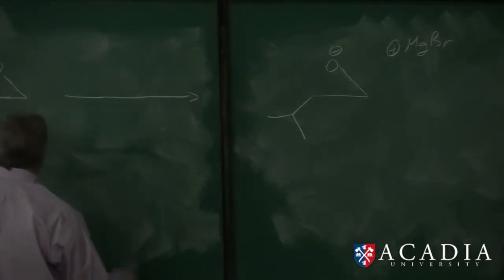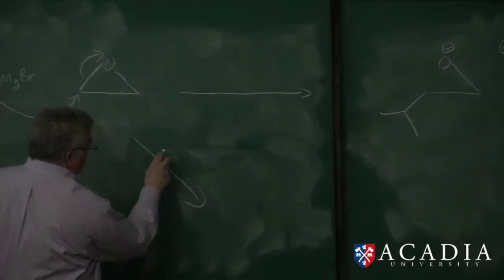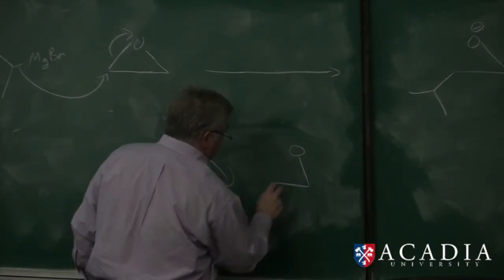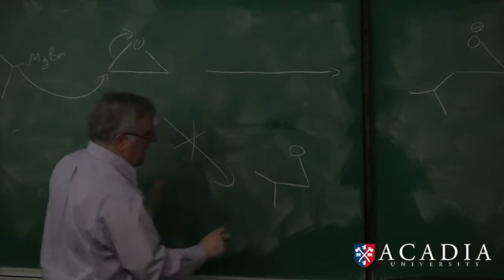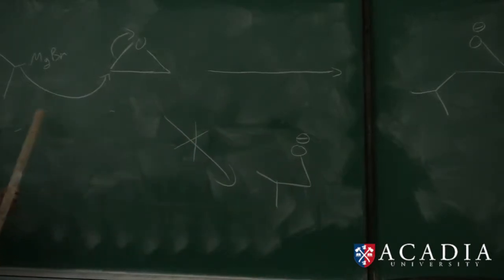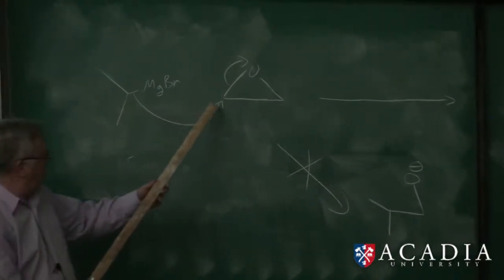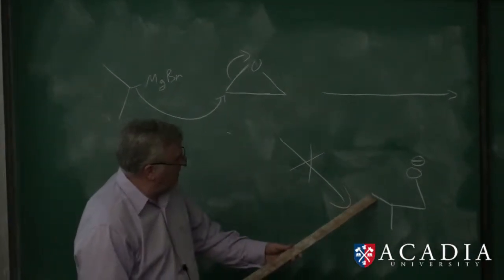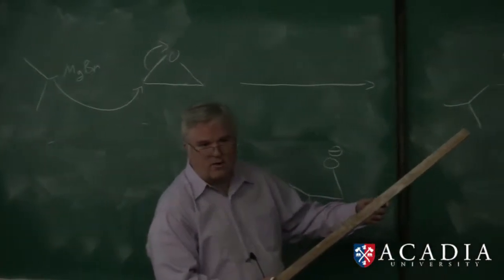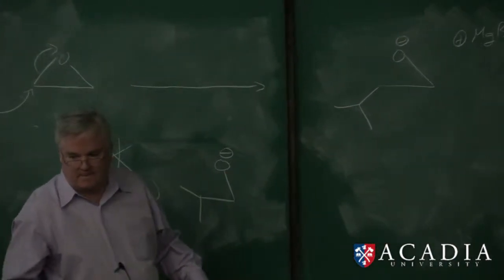So I'll do it this way. It does not give this compound. It may look like it gives that compound, but count your carbons. 1, 2, 3, 4, 5. 1, 2, 3, 4. You got 4 there. You have 5 here. Don't forget to count your carbons.